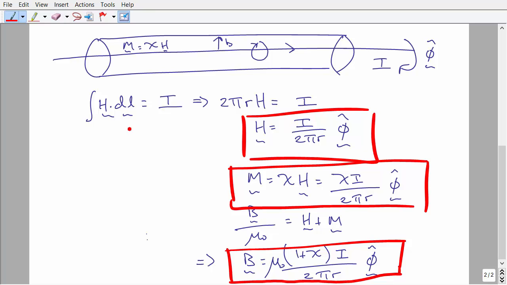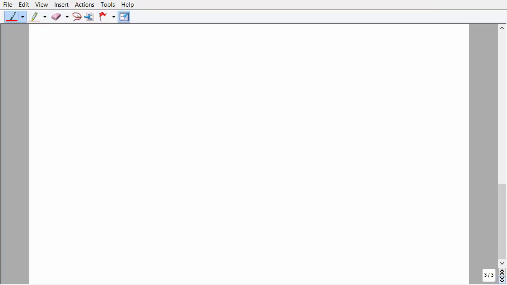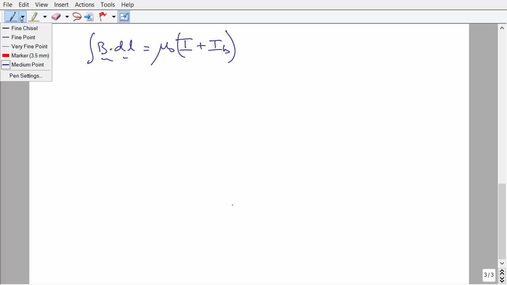What we're going to do now is rather than using Ampere's law for H, we're going to use Ampere's law for B, and of course on the right hand side all currents, both bound and free currents, are going to appear. So studying the same problem, if we wrote down Ampere's law for B, we would have the following expression. Okay, so this would be our starting point, and explicitly we've had to include both the free current, which in this case I'm calling I, the current flowing in the wire, and all bound currents, which are IB.